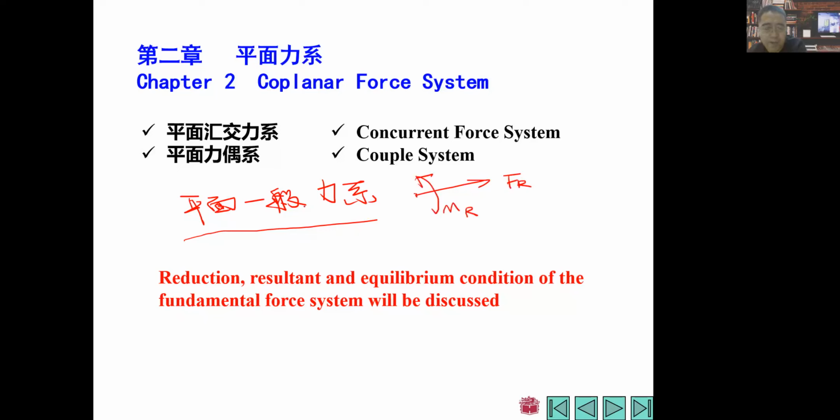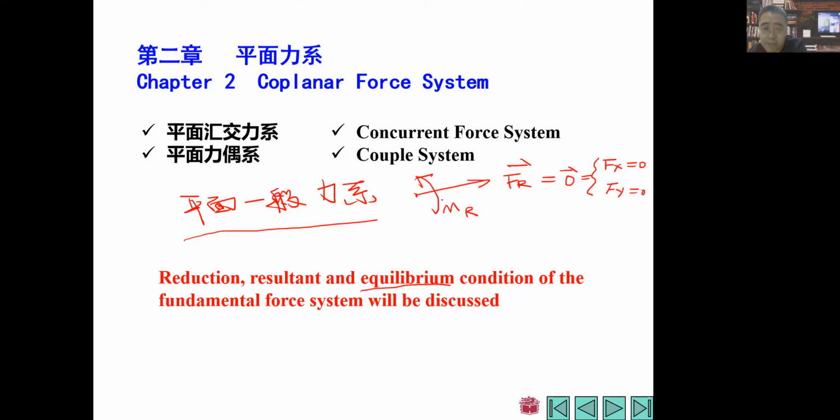If this force system is in equilibrium, then its equilibrium condition will be FR equals 0 vector, which deduces two scalar equations, Fx equals 0 and Fy equals 0.